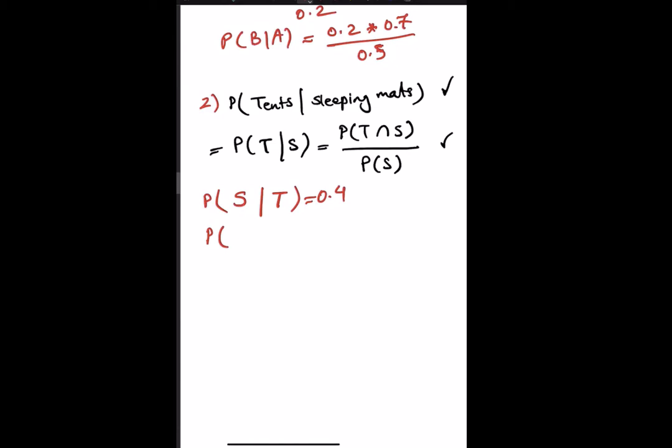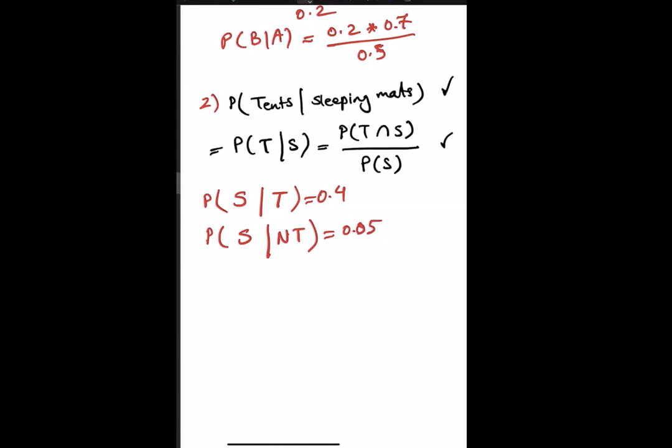For the orders that do not have tents, we know that for sure. Out of those, 5% include the sleeping mat. So what percentage of them have a sleeping mat? 5%.